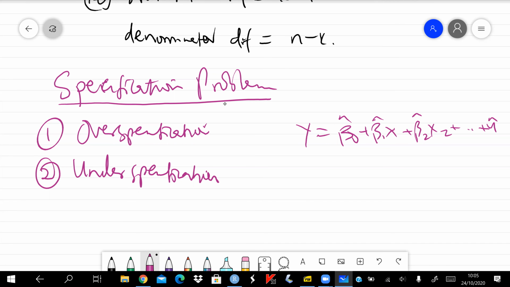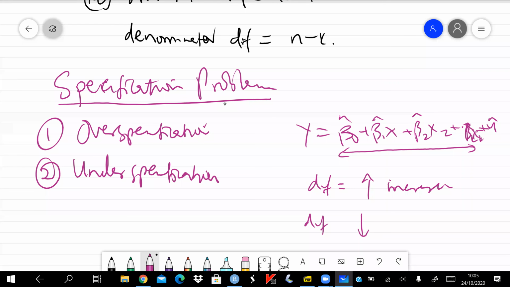If you have so many variables, including some which are not important in the model, then you will notice that the degrees of freedom for the explained mean sum of squares will be increasing. That means the numerator degrees of freedom will be increasing, and the degrees of freedom for the denominator will be decreasing, because this is given by k minus 1.